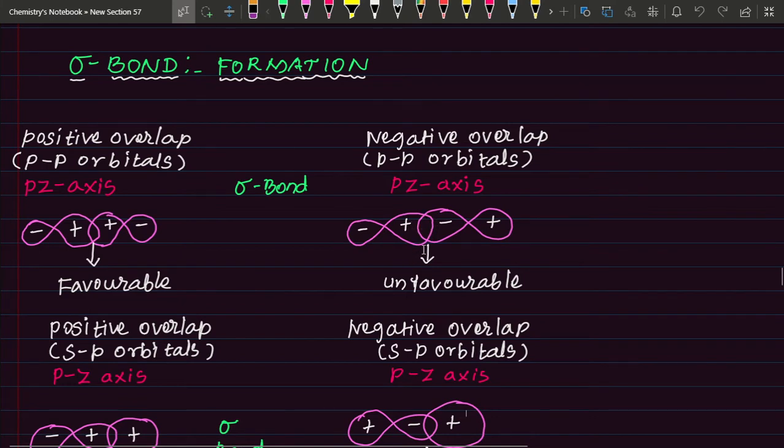So this is also head on overlapping, but not favorable. This is not bond formation. So positive overlap of sp orbitals. Next, negative overlap of sp orbitals.